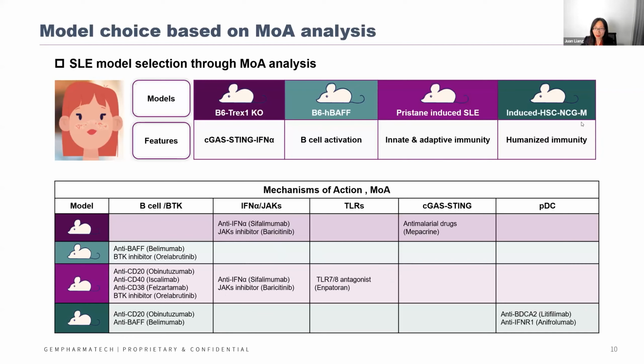The induced HSC-NCG-M mouse model has a humanized immune system, and in this model, the pDC subpopulation could be activated. So if the drug is targeting BDCA2 or the type 1 interferon receptor, we will recommend using the induced HSC-NCG-M mice to evaluate such drug efficacy.